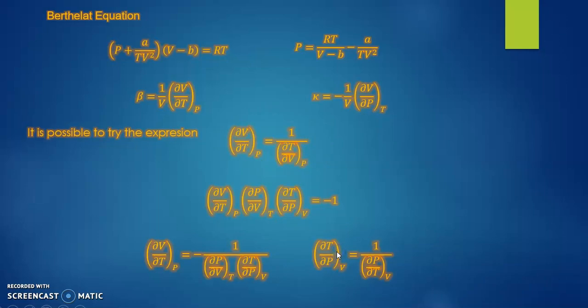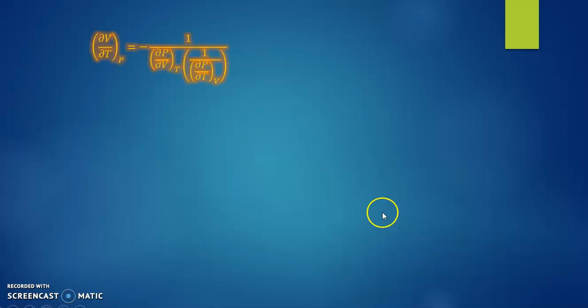And in this case, we have these terms. The derivative of t with respect to p is equal to 1 over the derivative of p with respect to t. If we replace this expression over here, we'll get the next equation.